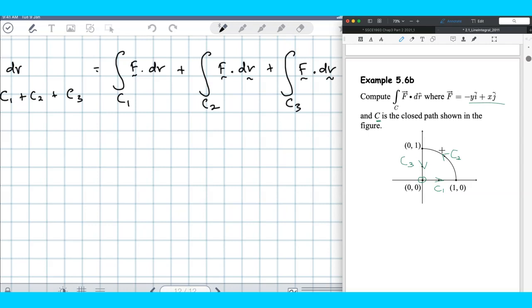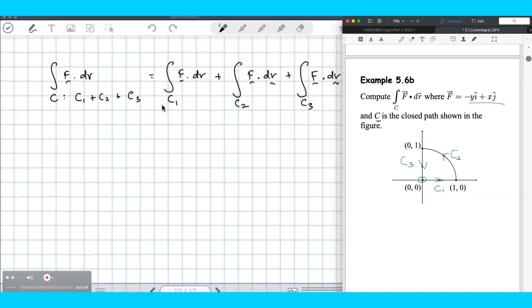Your F will be the same for all calculations, but your r, dr should be different. It depends on the curve that you have. Now we focus on C1. C1 is the path from (0, 0) to (1, 0).